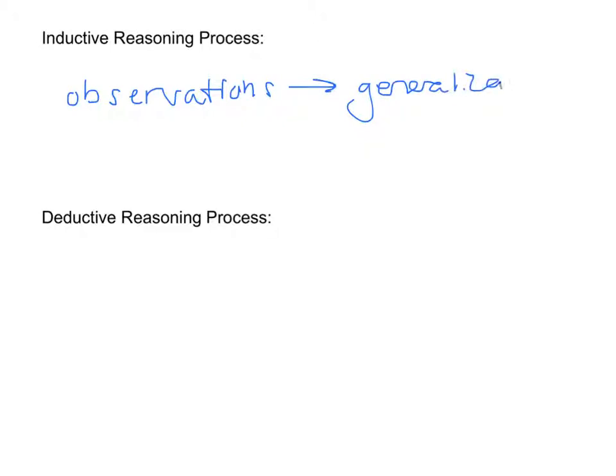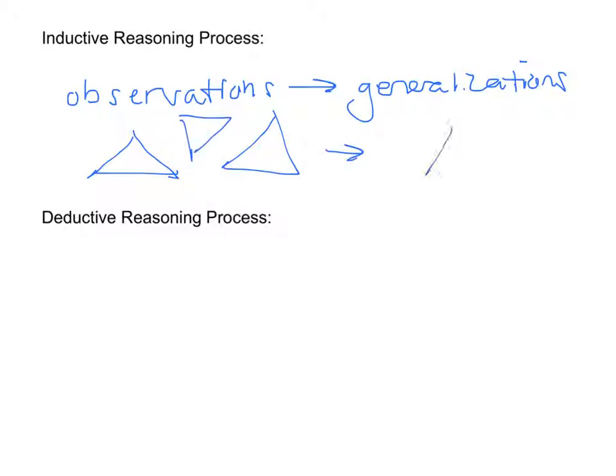So the inductive reasoning process goes from observations to generalizations. So, for example, you could observe a whole bunch of different angle measures in triangles and then conclude that all triangles have angle measures that add up to 180 degrees.